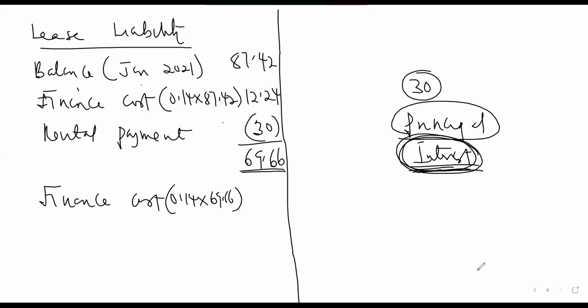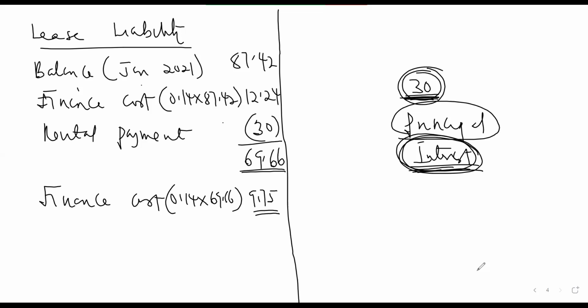How much are we having? Okay, I'm having 9.75. So this 9.75 plus a principal, together we are going to be paying 30. This interest will be at the end of the year, on the opening balance, and at the end of the year we pay 30. So the interest portion of the 30 is 9.75 for the subsequent year.